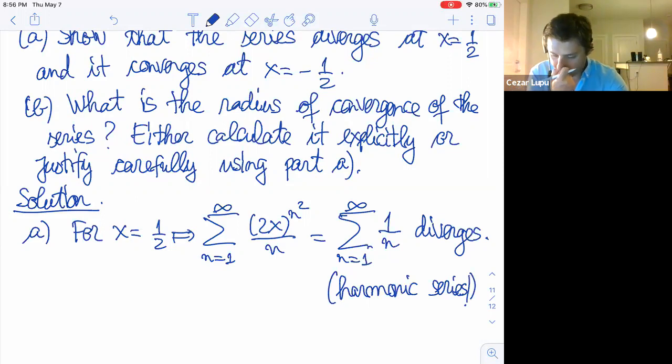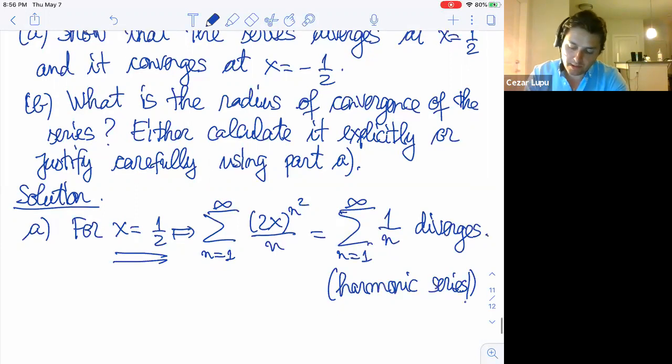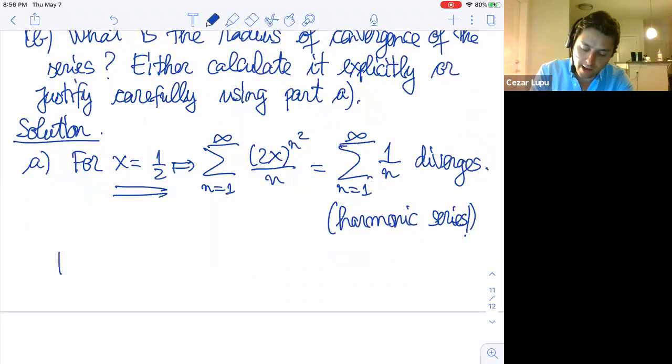All right, great. For x equals 1/2, the situation is not good, and this will diverge to infinity. But now let's see for x equals -1/2. And here we should be a little bit careful.